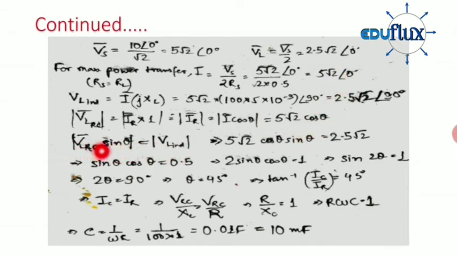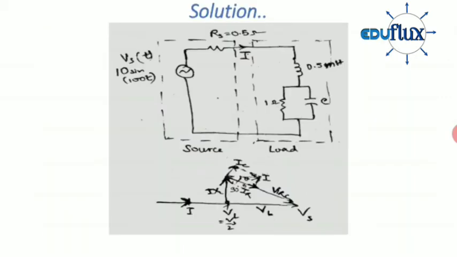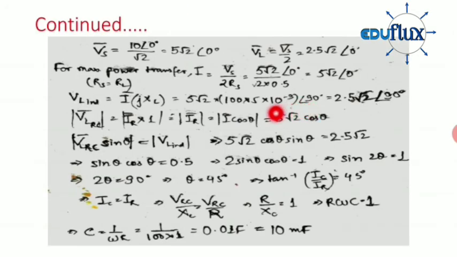So VLRC sin theta. Also from the phasor diagram it can be seen that if this is theta, this is 90-degree minus theta. So VLRC cos of 90-degree minus theta equals VL, the inductor voltage. So VLRC sin theta equals the voltage across the 0.5 millihenry inductor.